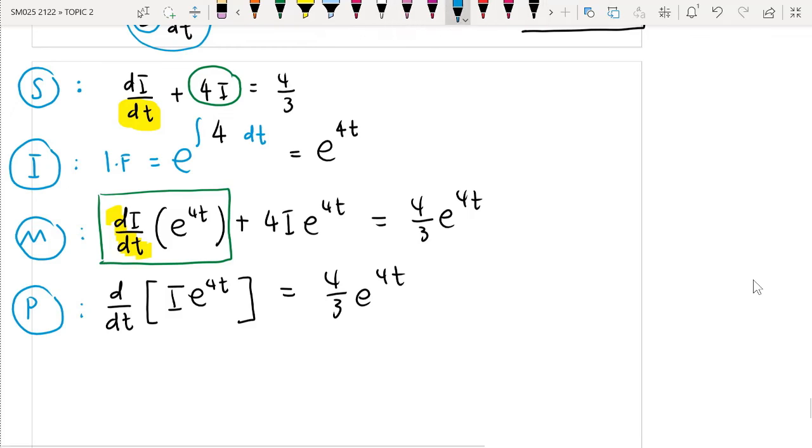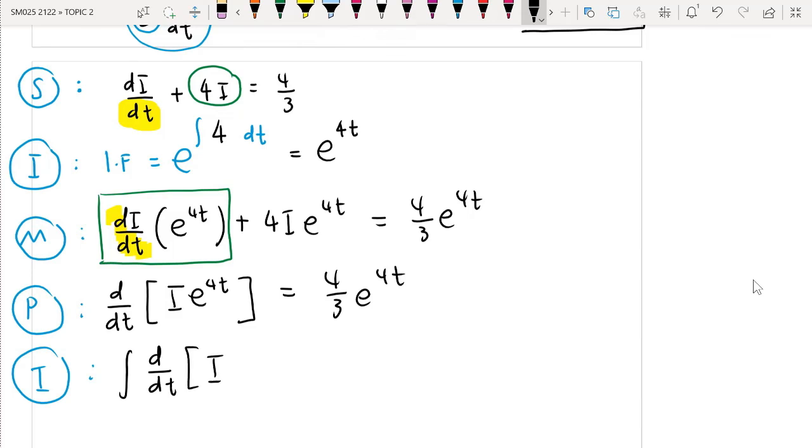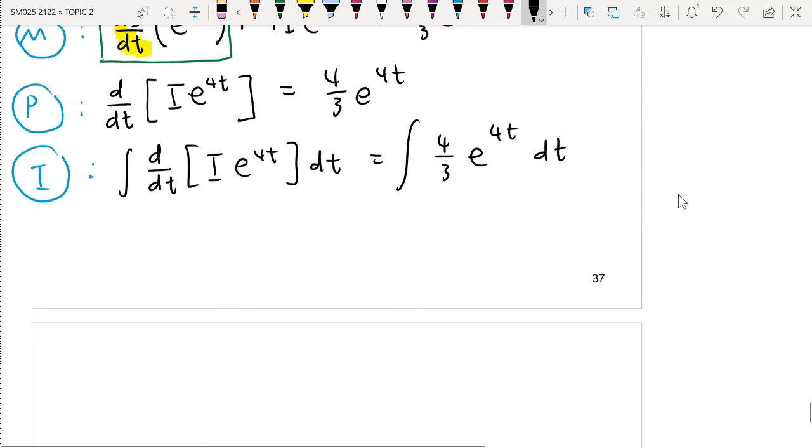Alright, now moving on to the last step. I means that we may now start to integrate both sides. So the integral of d over dt of i e to the power of 4t dt. We want to integrate with respect to t. And then the same thing happens for the right side. We want to integrate 4 over 3 e to the power of 4t dt. Okay, now we have to solve this.